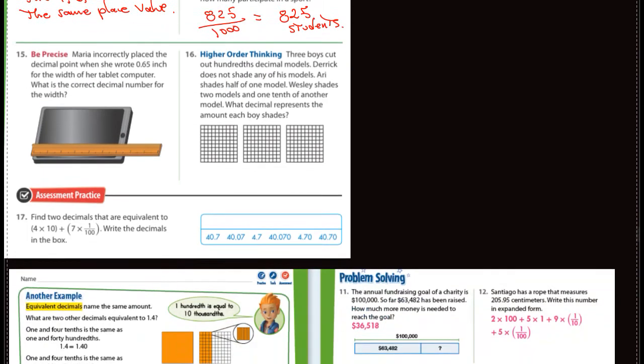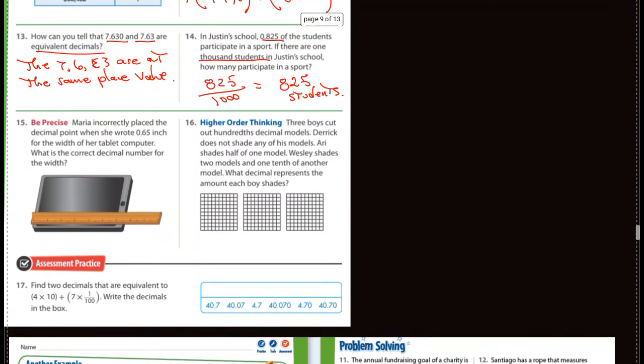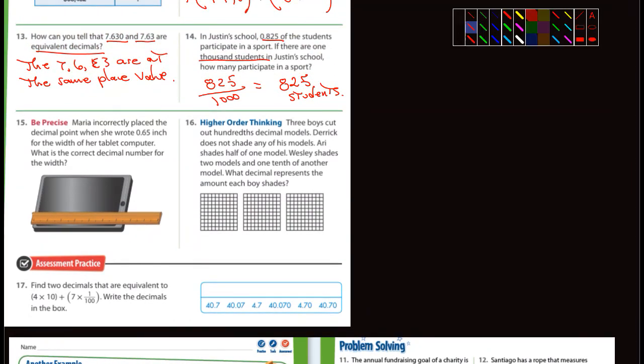Number 15 here. Maria incorrectly placed the decimal point when she wrote 0.65 inch for the width of her tablet computer. What's the correct decimal number for the width?